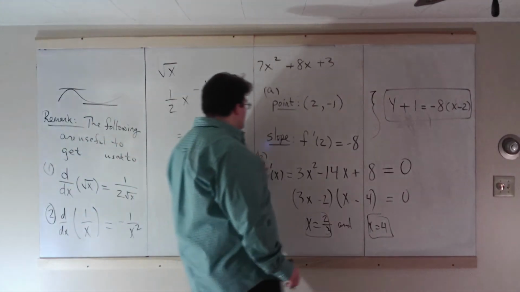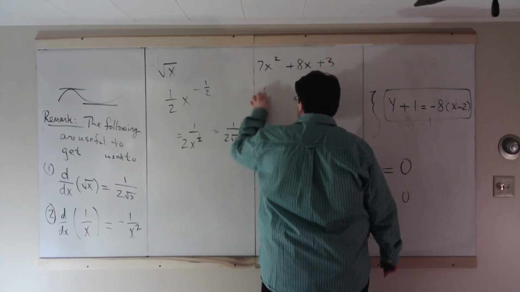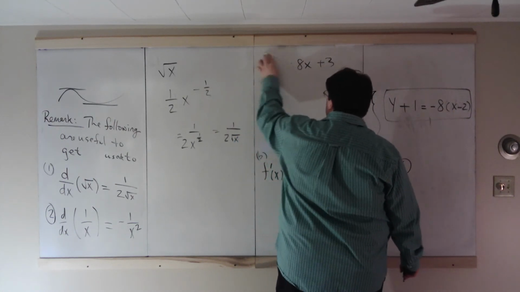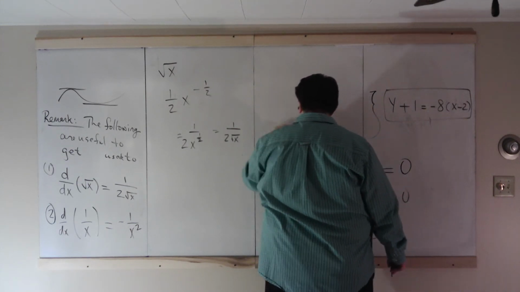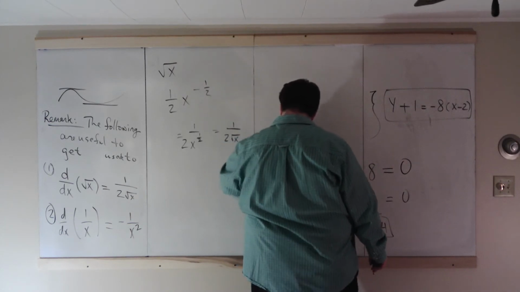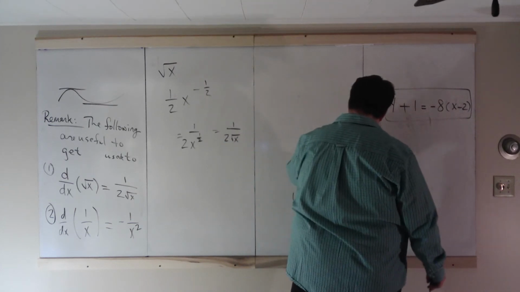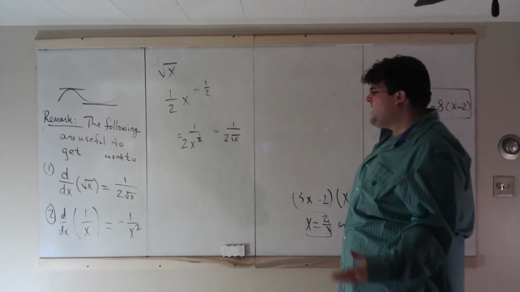This next one we did not see, so we'll look at it now. So what do we have? We have 1 over x, derivative negative 1 over x squared. Where does that come from?